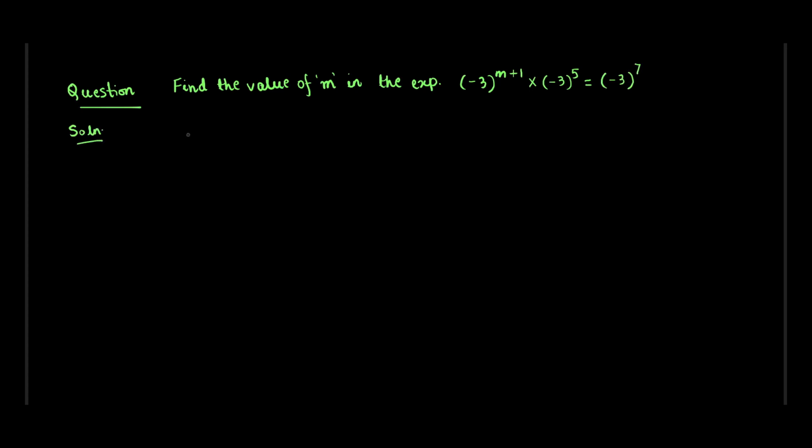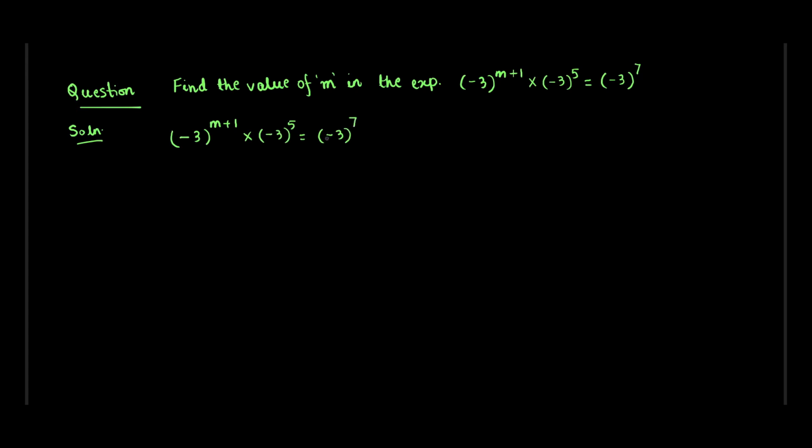So this is how the next question is. We have to find the value of m in the given expression. So the solution for this question will be, first we'll write down the expression again, that is minus 3 to the power m plus n into minus 3 to the power 5 is equal to minus 3 to the power 7.